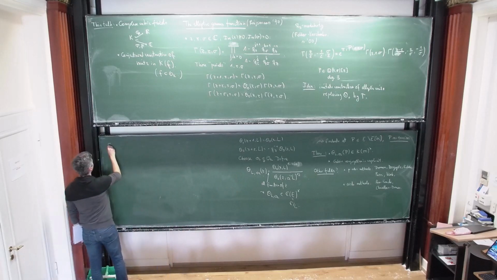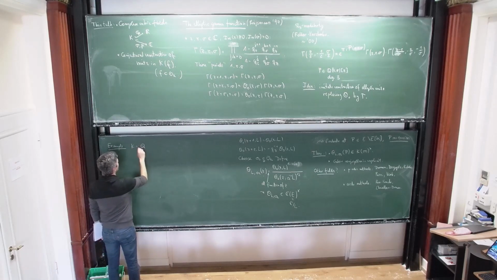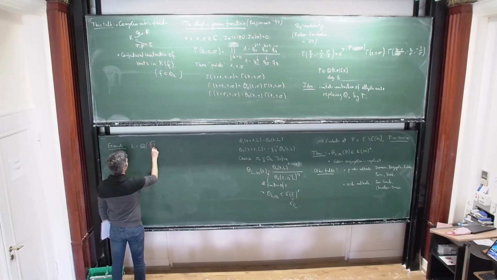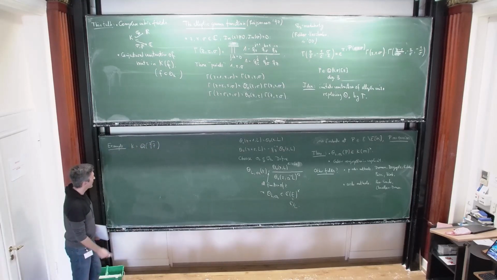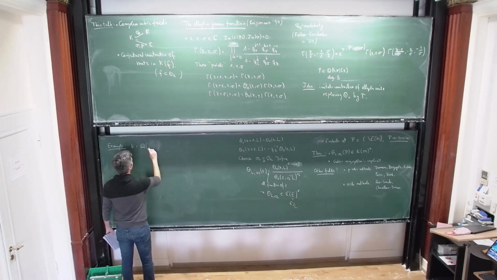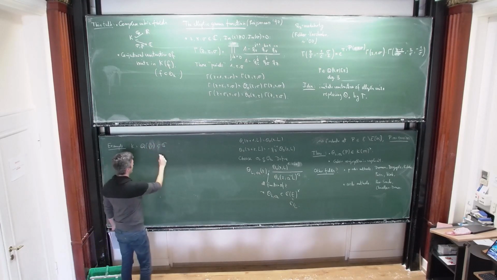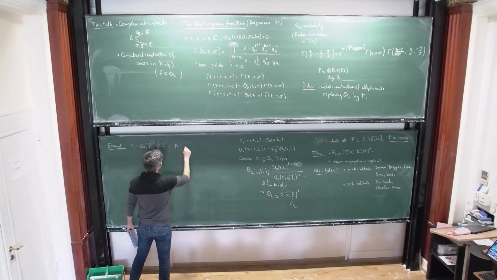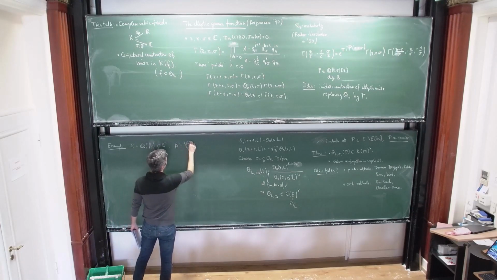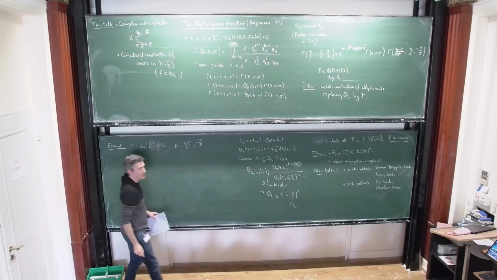Okay, so let me give an example just to clarify what I'm talking about. So the example is I start with this complex cubic field. Q adjoin the cubic root of 7, or rather, let me put it like this. It will be Q adjoin beta, which I take to be inside the complex numbers, where beta is the following non-real cubic root of 7.